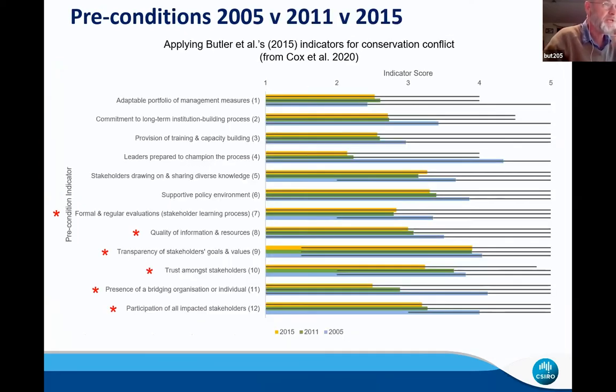In terms of the precondition indicators, we were able to compare these between 2005 when the process started, that's in the blue, 2011 when we did our first evaluation, and then 2015 when we did our second one. And so we were able to track the changes there as well. But again, we added here 6 new indicators to really capture what we thought was important for the conservation conflict process to continue.